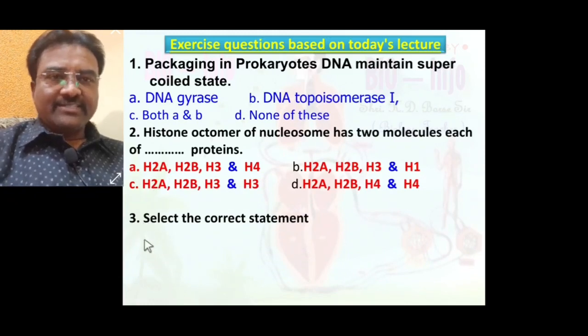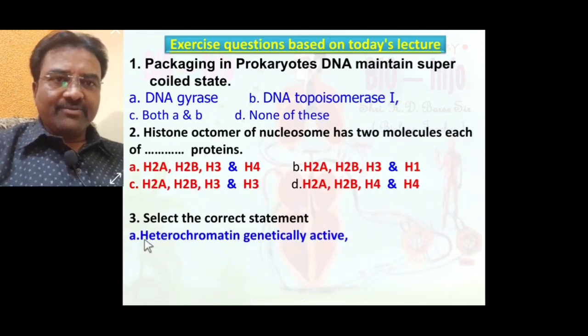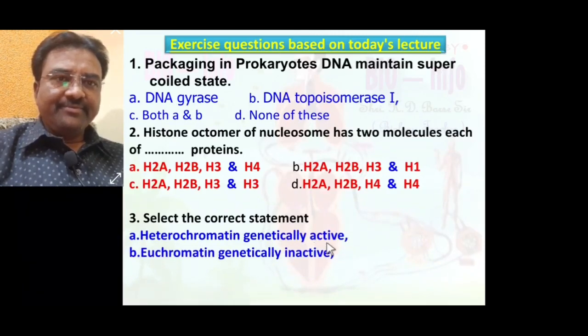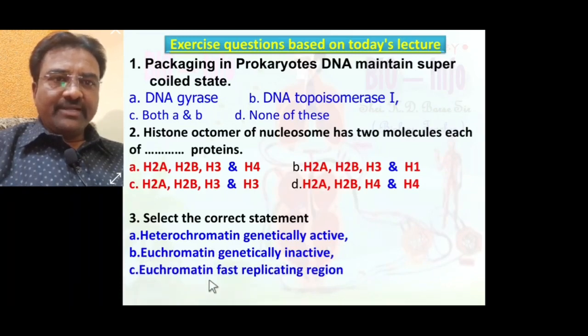Select the correct statement. Number 1, heterochromatin is genetically active; euchromatin is genetically inactive; euchromatin is a fast replicating region; heterochromatin is the non-condensed part.